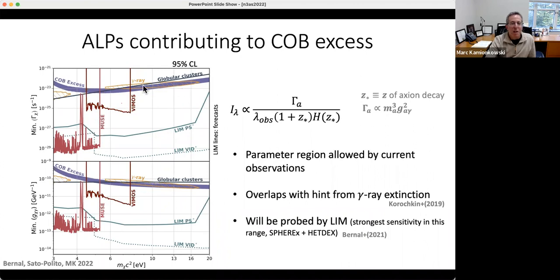And then there is this gamma ray curve, which I'd like to explain, which is also interesting. And then there's this line intensity mapping curve, which is also interesting. And that was the subject of the first paper we wrote, and the gamma rays are the subject of the second paper.